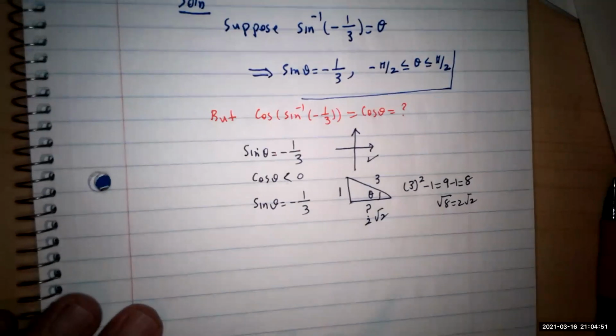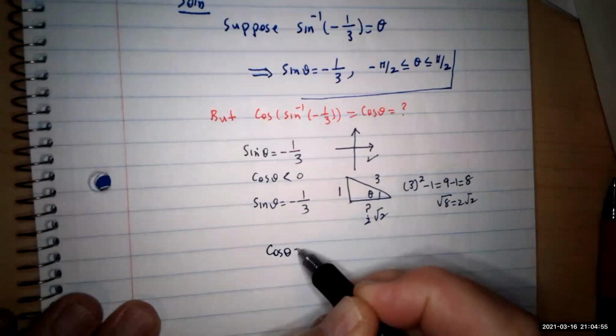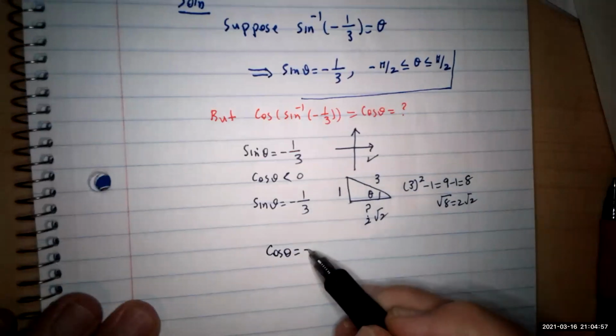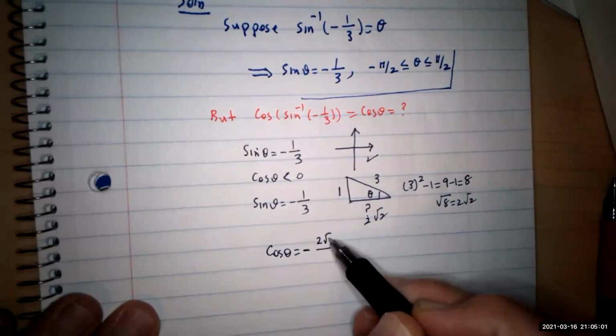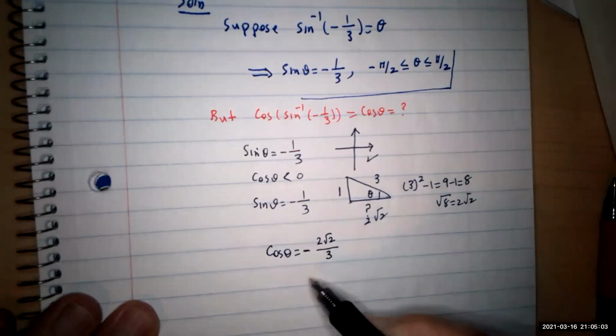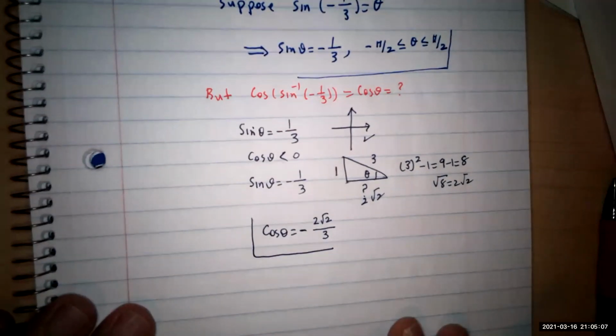Okay, any question? So now we can find the cosine. It's going to be adjacent over hypotenuse, 2 radical 2 over 3. I thought it was positive, it's quadrant 4. Oh, it's positive.